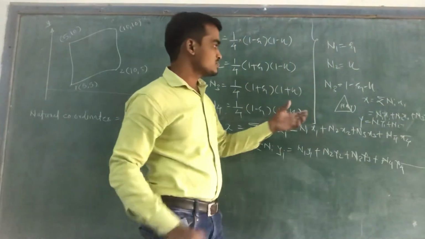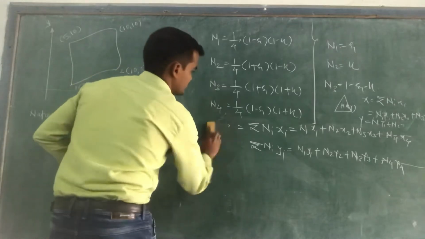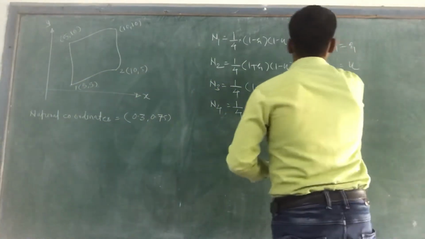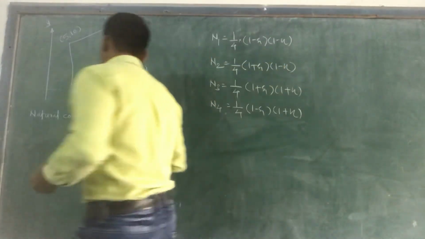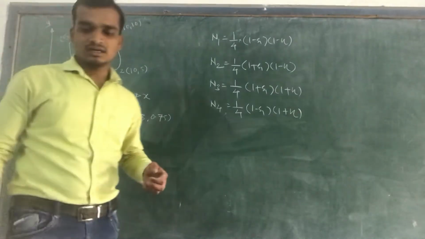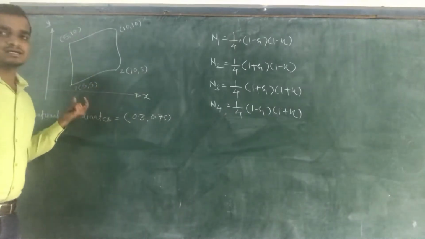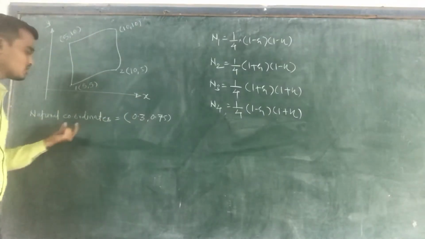Here we will see some examples. For 4 to 6 marks, such types of examples will be asked for coordinate transformation, where you are given the x and y values for each node and also the natural coordinates.